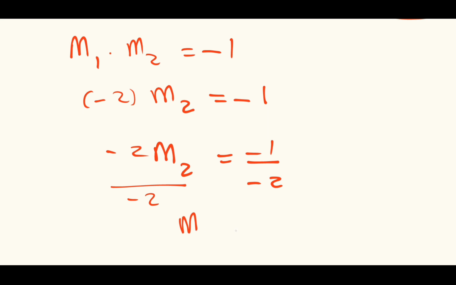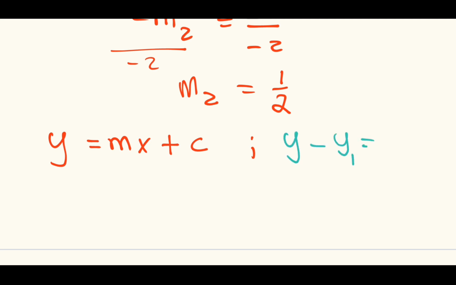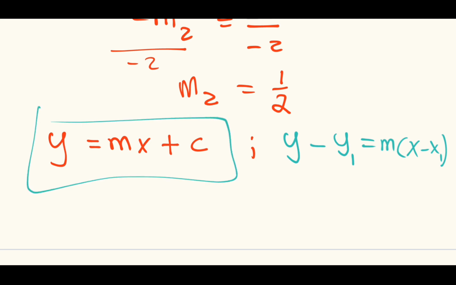So our m2 will be equal to 1 over 2. So the formula for a straight line is y is equal to mx plus c, or you can use the other one, y minus y1 is equal to m multiplied by x minus x1. You can use this formula or that formula.